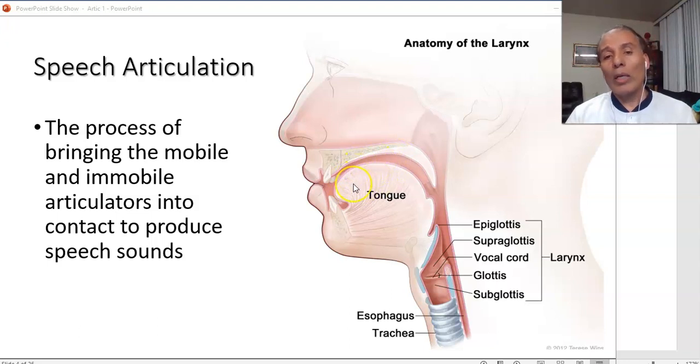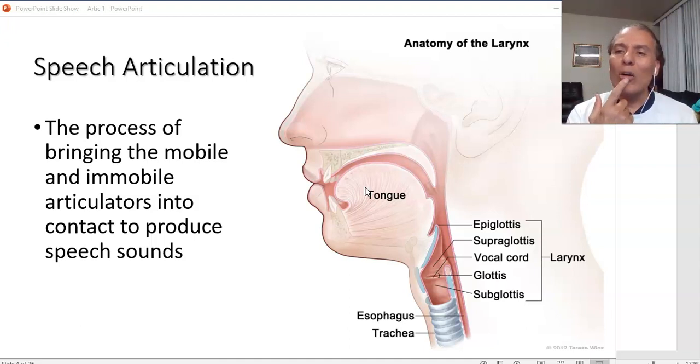So again, the process of articulation means it is the process of bringing mobile structures, like say the tongue is mobile, the lips are mobile, into contact with immobile structures or articulators. So my teeth, the top front teeth, you call them the maxillary incisors. These are immobile.